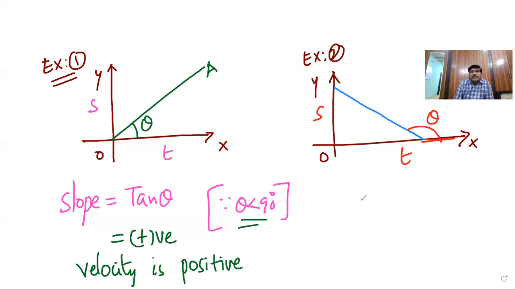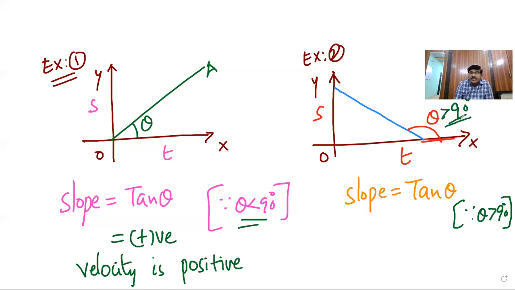Now, coming to this one, what is the slope in this case? Slope is equal to tangent of theta. Observe carefully. This line is making theta with the positive x-axis, and theta is greater than 90 degrees.